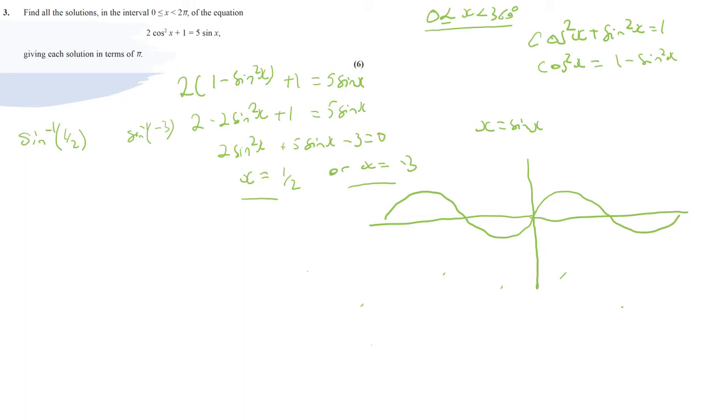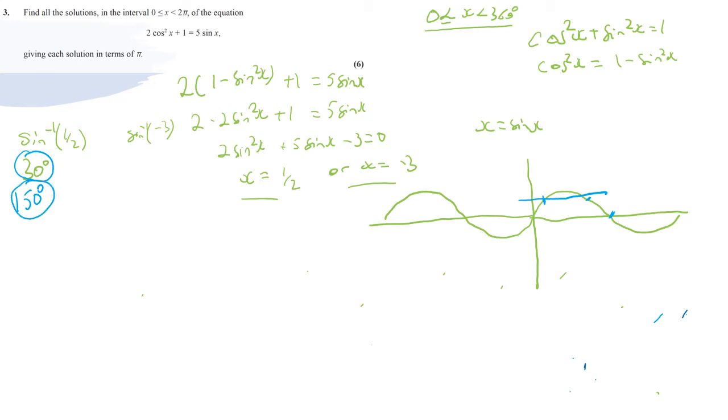So shift sine a half, that will give me 30 degrees. 30 degrees is around here. So we have another solution there as well, that is equal to a half. It will be 180 minus 30, which gives us 150 degrees. So this one and this one.